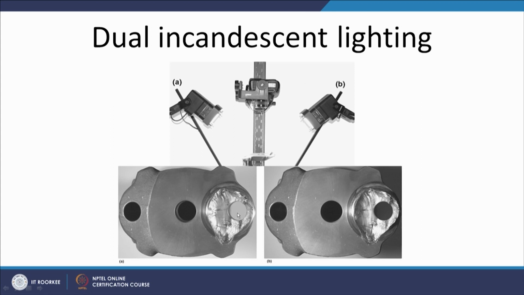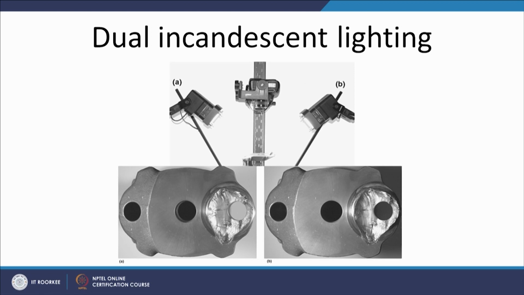when the same component is subjected to light from different directions, if the light is directed from this direction, we can see that this zone is completely different from the other zones, and this particular area also shows a different kind of surface features as compared to the other areas. So, this may be unique with regard to the initiation, crack nucleation or the fracture initiation point of view.